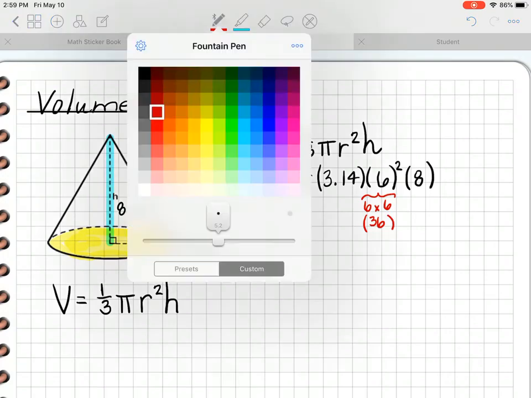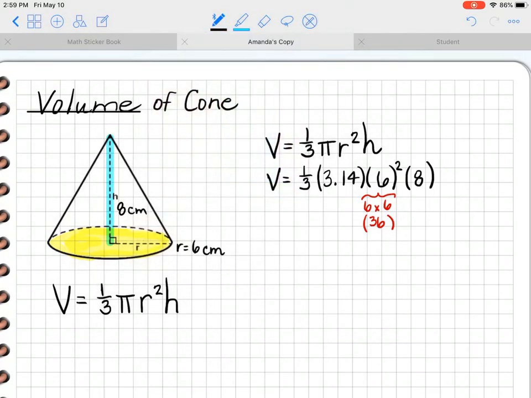And then you need to put in the stuff you haven't used yet. So the 1/3, the pi, and the height we haven't yet used. And then once you get to this point, your calculator is going to do the rest for you.